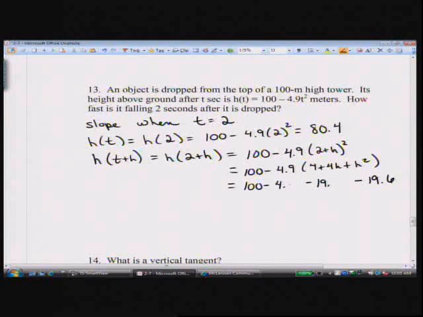It's confusing because of the... So I didn't do that right anyway. 4.9 times 4, what was it, God, I screwed this all up. 4.9 times 4 is 19.6. 19.6 h minus 4.9 h squared.